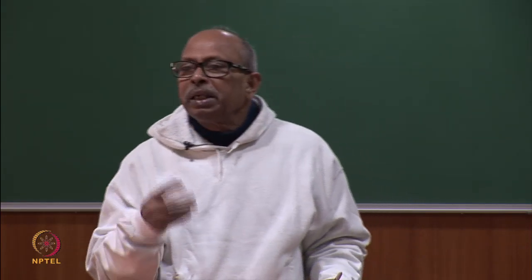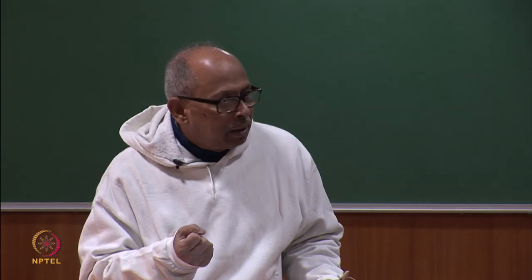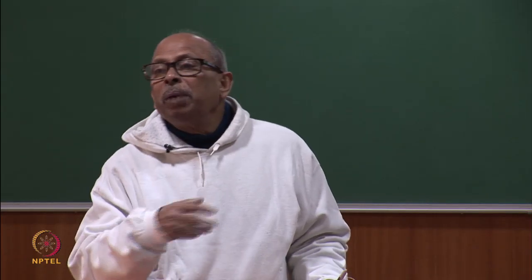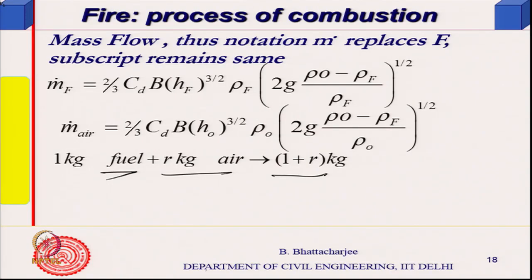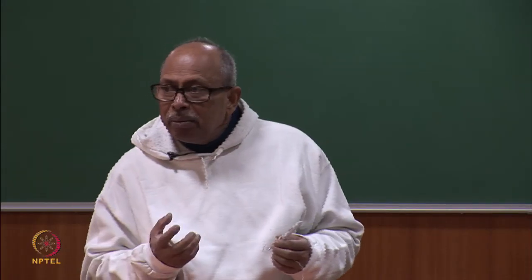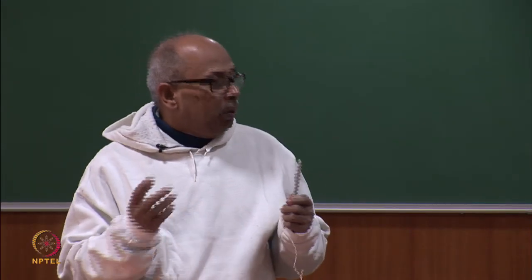For the first time, let us assume that everything reacts and produces 1 plus r kg of the combustion product. So, the ratio between these two must be related to 1 by 1 plus r, because whatever hot gases are generated, the same amount is going out.